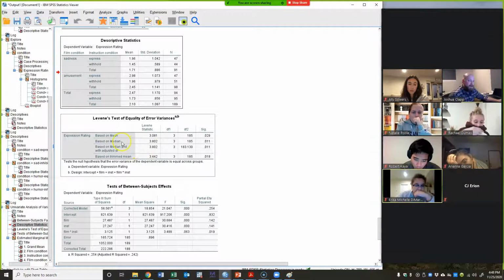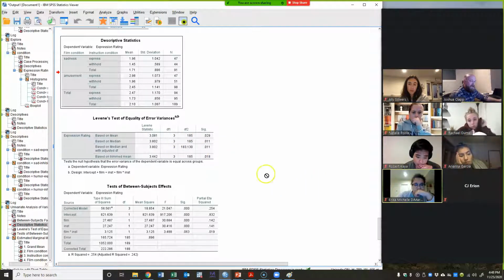We don't have to worry about that. So we're just looking at the one based on the mean. Just based on this first line, you can ignore everything else. That's just different variations. Does it look like we have a violation of homogeneity of variance here, or evidence for a potential violation? Maybe, because it's significant, right?